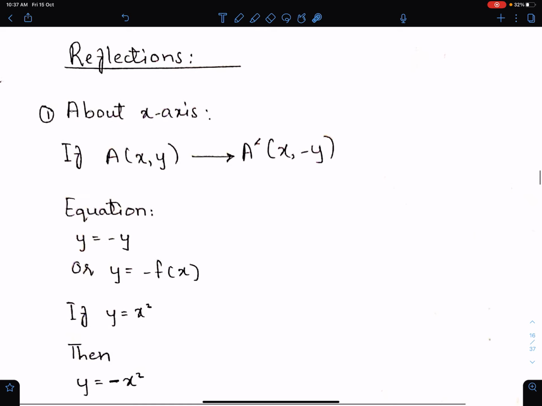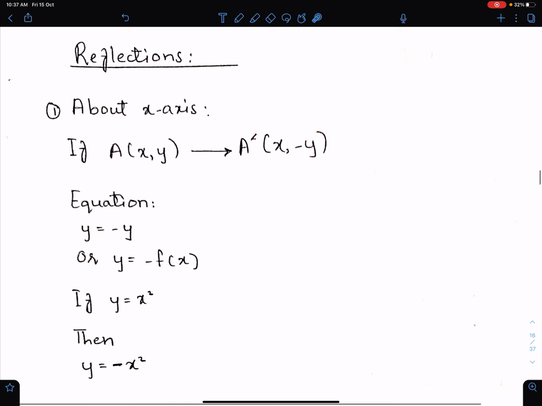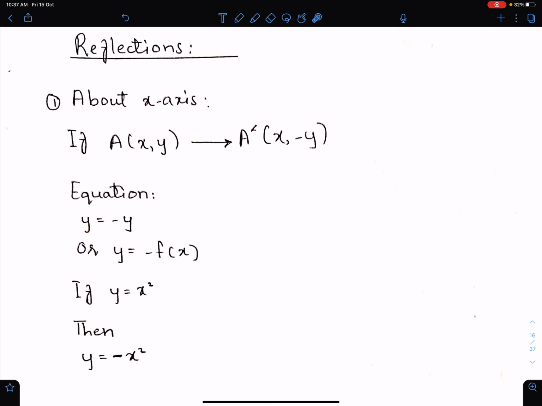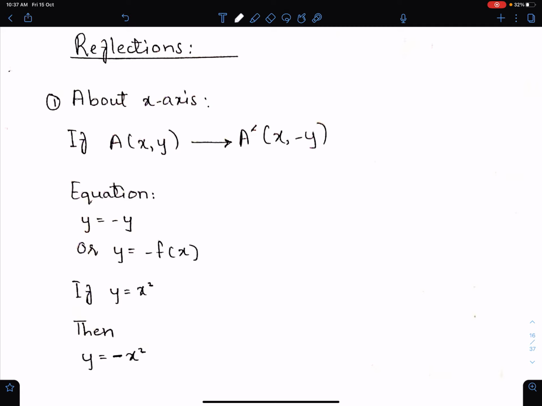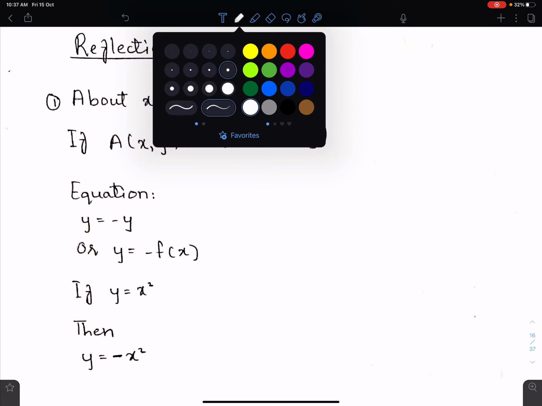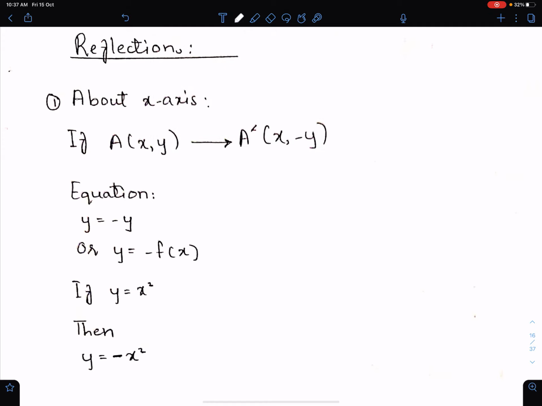Reflections, type 2 transformation. In reflections, we get a mirror image. The object and image are congruent.